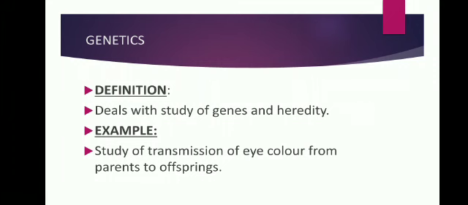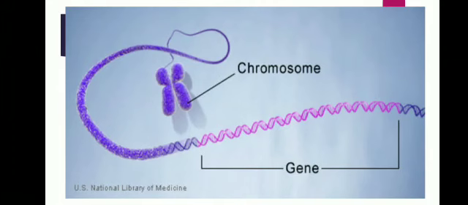The next branch is genetics. This branch deals with the study of genes and heredity. Genes are small segments of DNA and they are responsible for transferring characteristics from parents to offspring. For example, the study of transmission of eye color and hair color from parents to offspring.